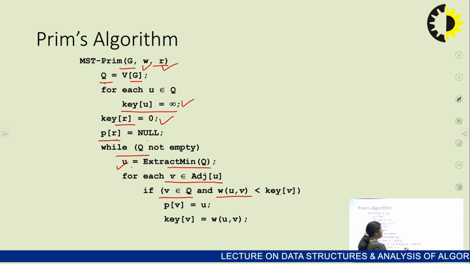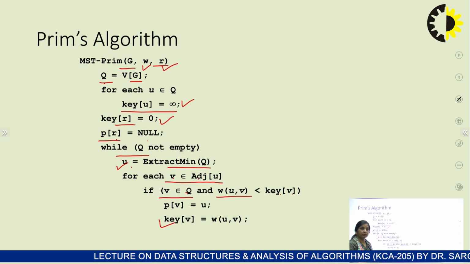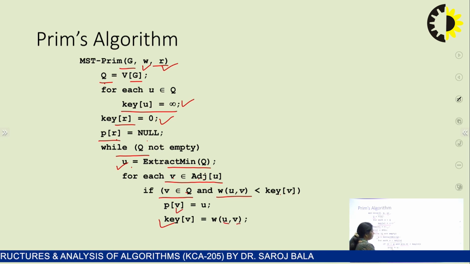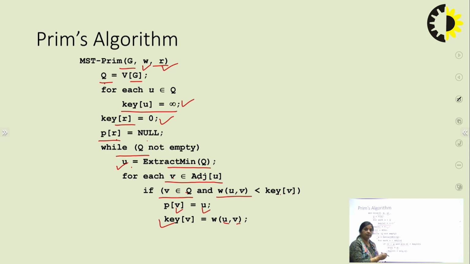If this is less than that, then we will set the key value to this new lesser value, the weight of the edge from U to V, and the parent of V will be set as U. It means the connection is from U to V. This is Prim's algorithm. We will go on doing this until the queue is empty.